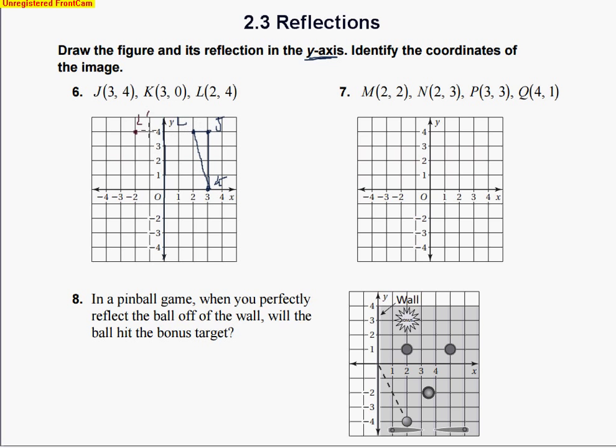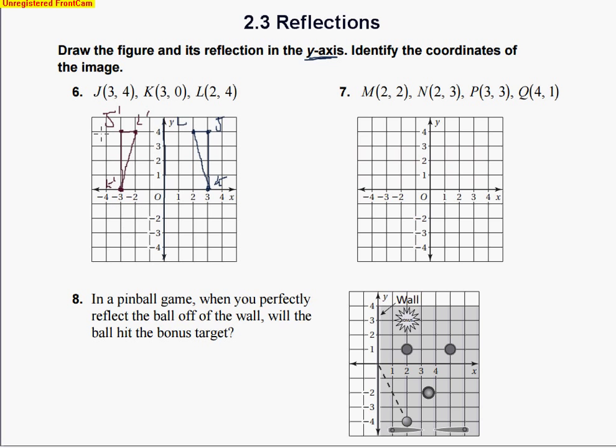J, it's 3 spaces from the line of reflection, so 3 spaces on the other side. And K, 3 spaces from the line of reflection, so 3 spaces to the other side. And when I go ahead and draw the figure, I get the same exact shape, just flipped over that y-axis.